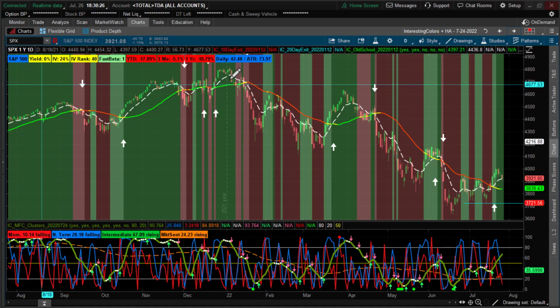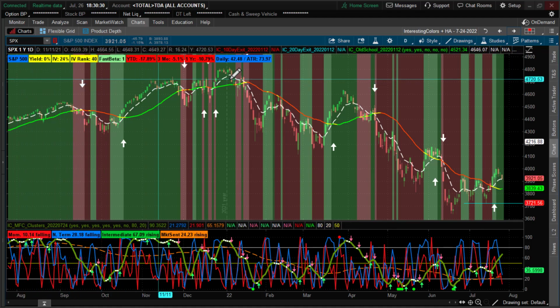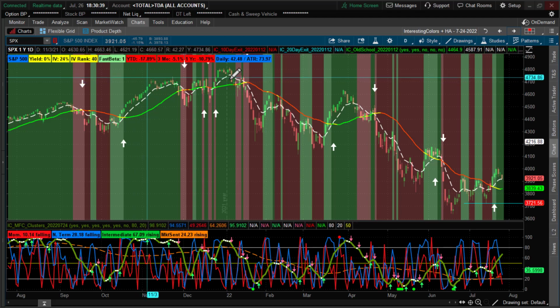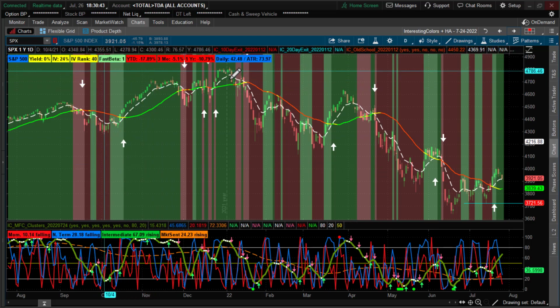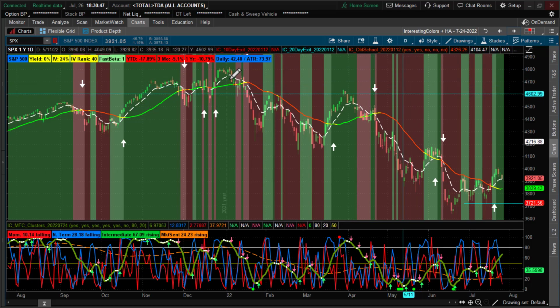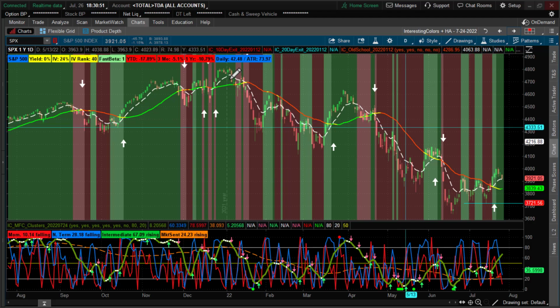The green areas you just refer to as a strong bullish posture. That just means things are favorable for having higher highs and higher lows. And when it goes negative, it's highly favorable for having lower highs and lower lows.